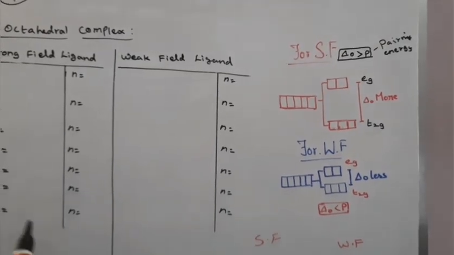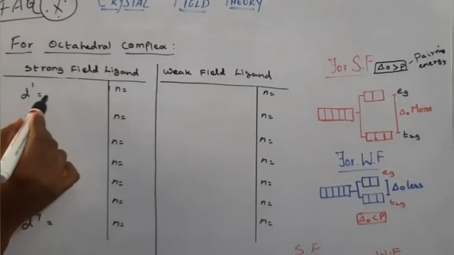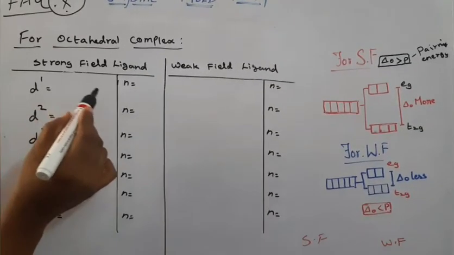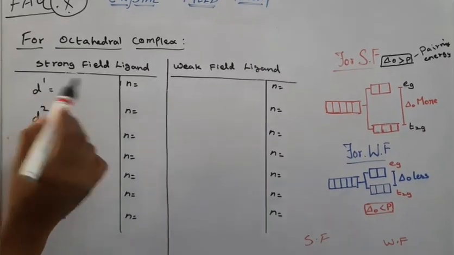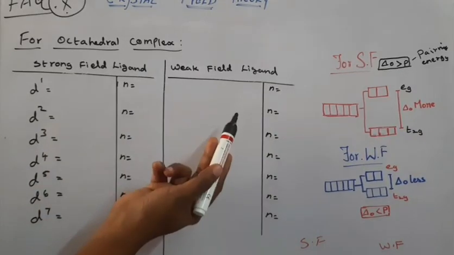Suppose in your question they ask for d1 configurations: what electron arrangement takes place for strong field and weak field ligands?